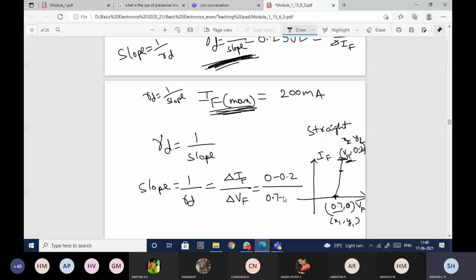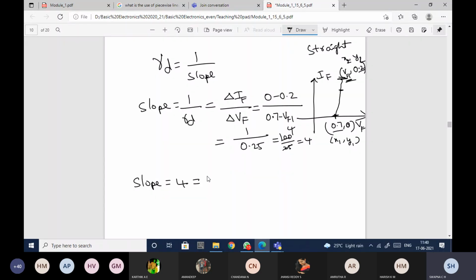This entire value is equal to 1 by RD. RD value is given as 0.25. So this will be equal to 100 by 25, which is equal to 4. So slope is equal to 4, which is 0 minus 0.2 divided by 0.7 minus VF1. The only unknown is VF1.